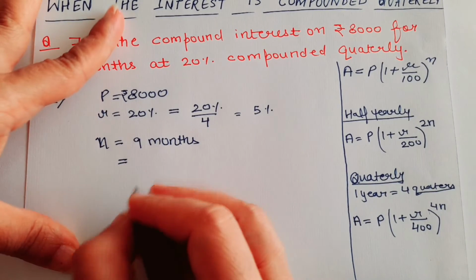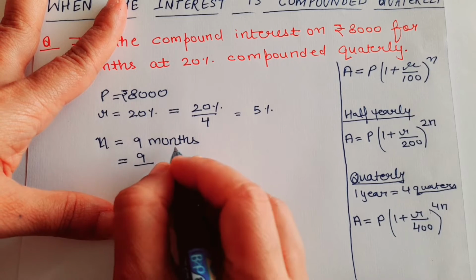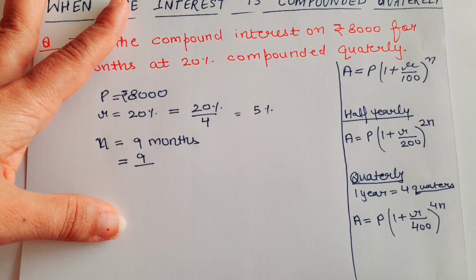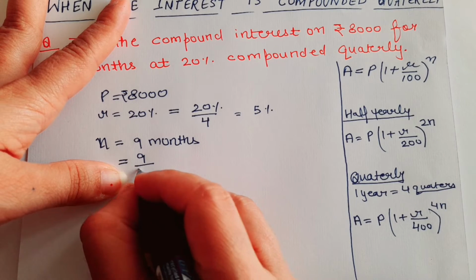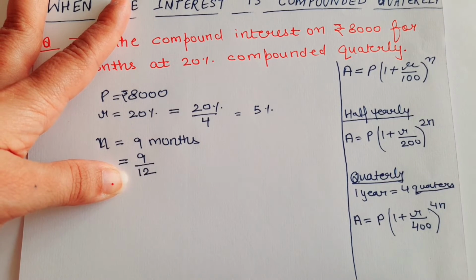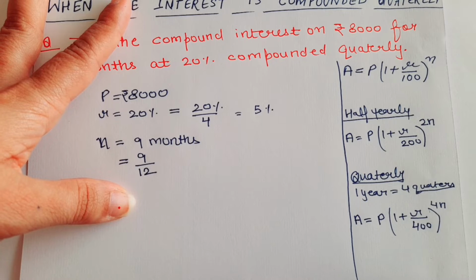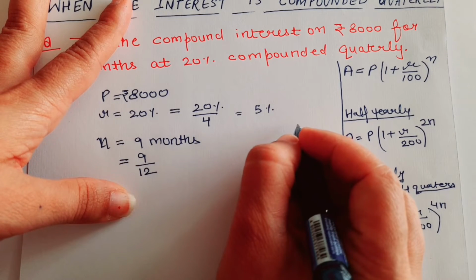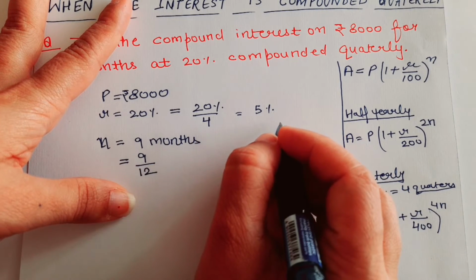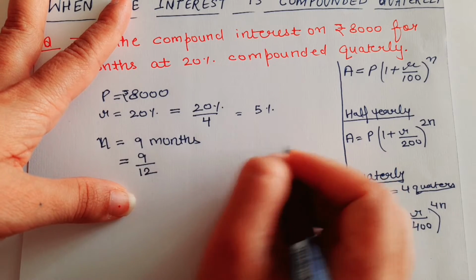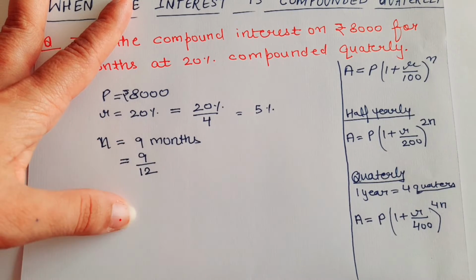This is the concept here. I have already told you in my previous videos, when we have time in months, first we make it in years. When we make it in years, we divide by 12, because 1 year is equal to 12 months. So 1 month is 1 by 12 years, and 9 months is 9 by 12 years.